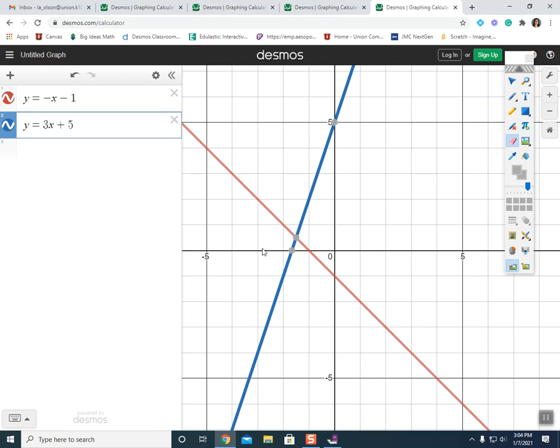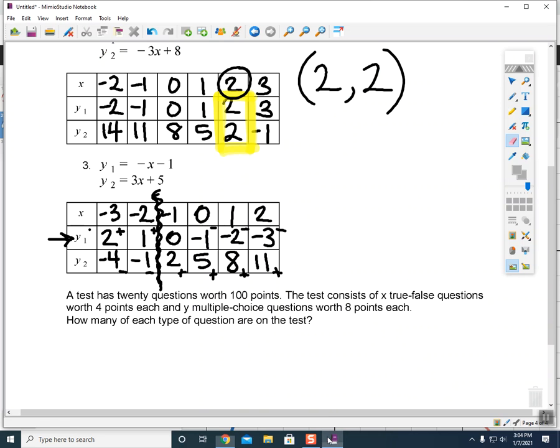So something happened in between there. Same thing with the blue one, right? Something shifts between -1 and -2. So our solution for this system of equations then is the point -1.5, 0.5, which isn't very intuitive when you first start thinking about it.